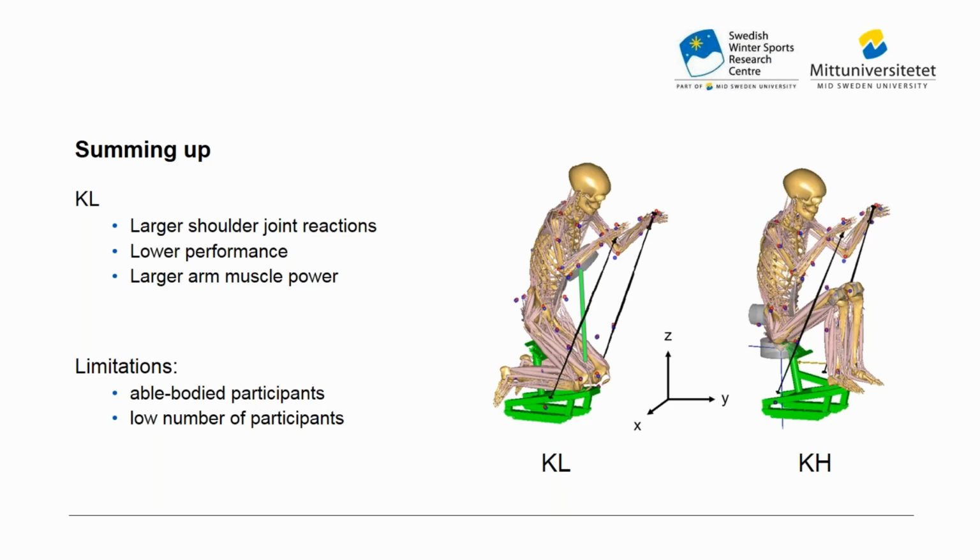For this part that I present here, we used able-bodied participants, and the movement pattern might be different for athletes with impairments, and hence also the reaction forces might be a little bit different. But I want to mention that it's not an easy task to perform different sitting positions with people with impairments.